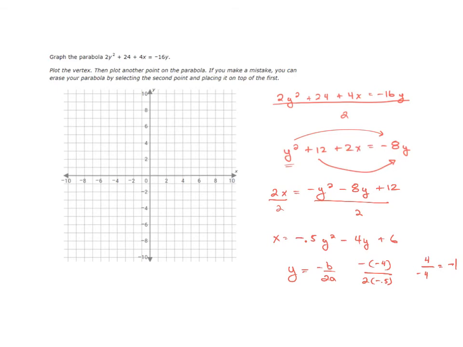2 times a half is 4 halves, right? Check that. I think I'm having a brain fart. No, it's 1. I'm sorry. I knew I was having a brain fart there. Here you go. 4 over 1, negative 1.